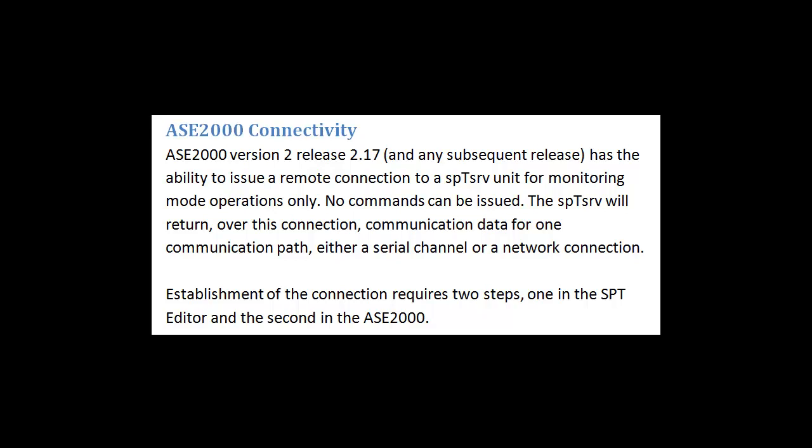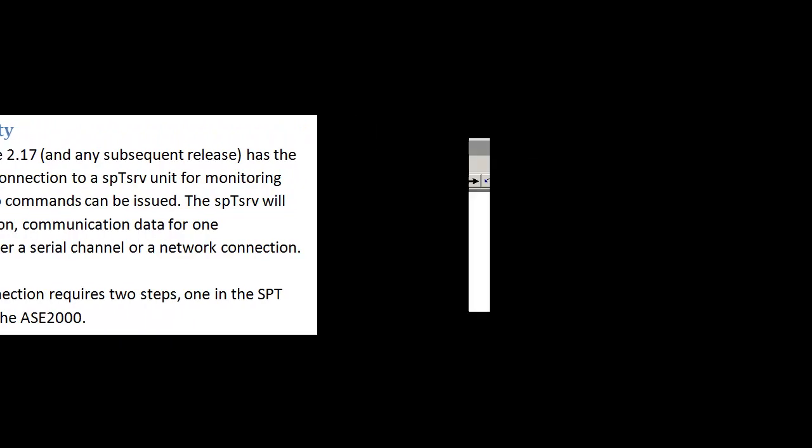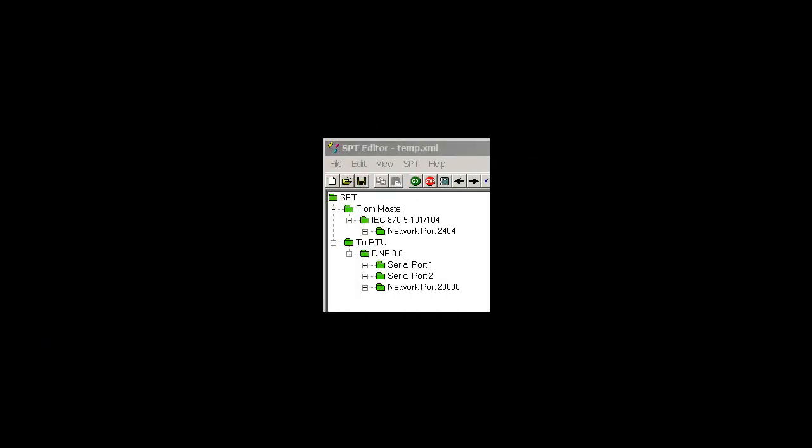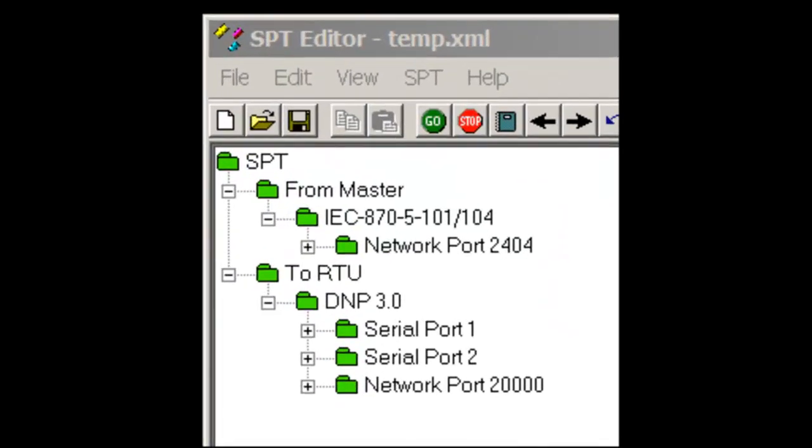Establishment of the connection requires two steps, one in the SPT editor and the second in the ASE 2000. Step 1 is to tell the SPT which port is to be monitored. Before we go on to this step, let's look at the sample configuration we're working with.